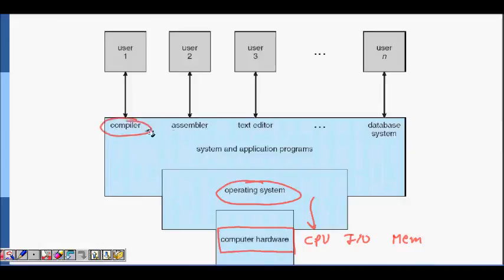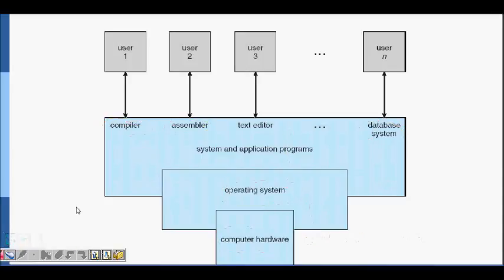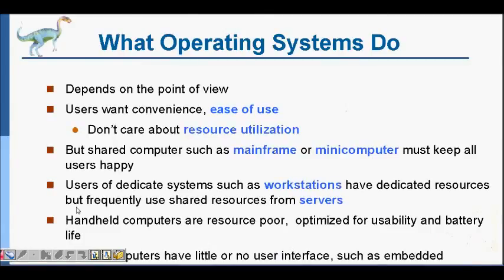This is an important introduction because you get a bird's eye view of everything. Compiler, assembler, editor, database system, all these are applications which are running and trying to solve their problems by using the hardware. And the operating system is an intermediate level code which allows all of them to use these resources very efficiently. So this is the idea of the operating system.